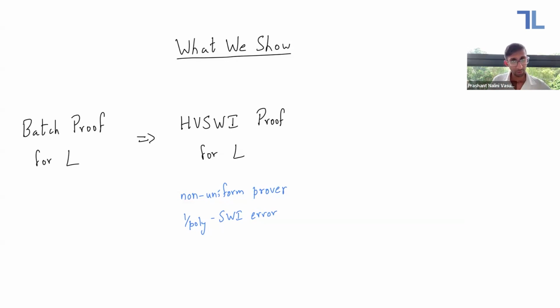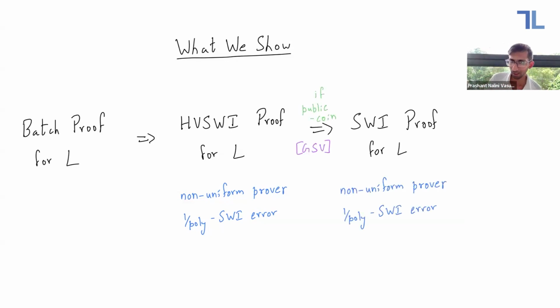Right? So we do this, and then you can also take this a bit further. You can show that if the batch proof you started with happens to be public coin, meaning that all of the messages of the verifier are just random strings. Right? It just samples a uniformly random string and sends it to the prover every time. At the end, it may do arbitrary things, but otherwise the verifier just sends random strings in all of its messages.